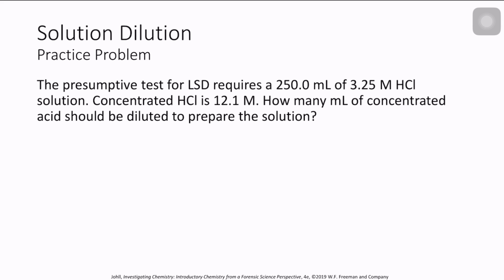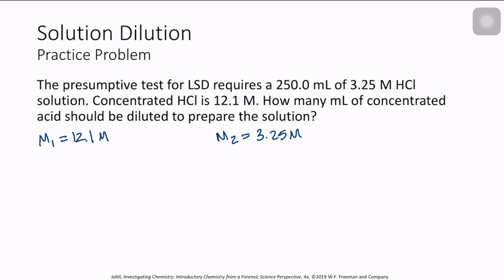So that tells me that my M1 is equal to 12.1 molar. And if 12.1 molar is my M1, then my M2 has to be the other molarity, which is 3.25 molar.